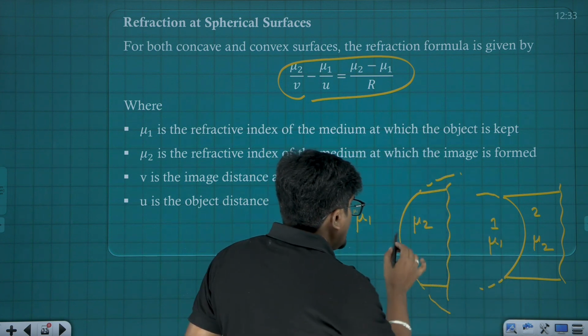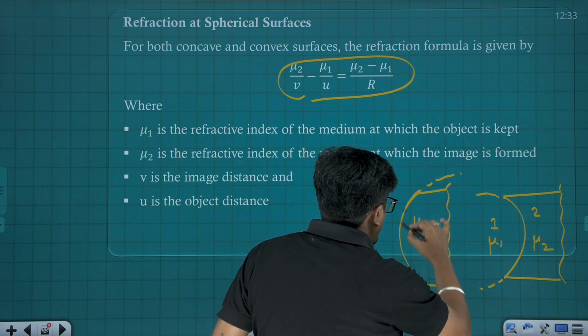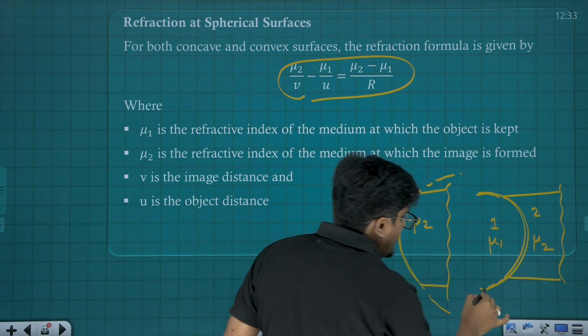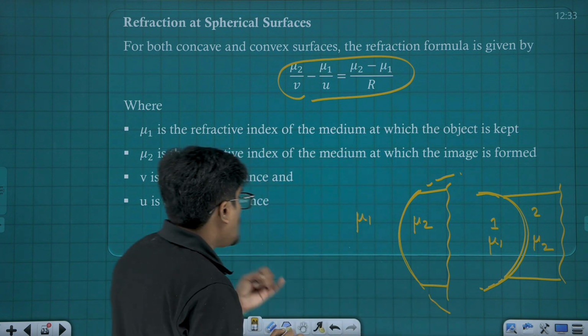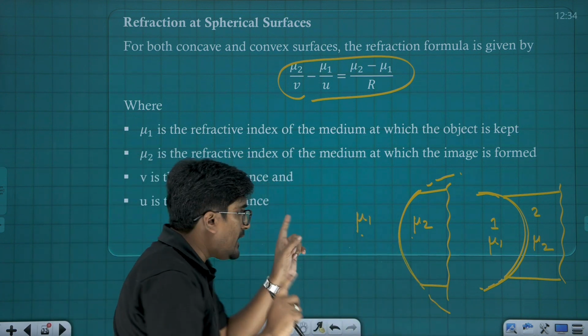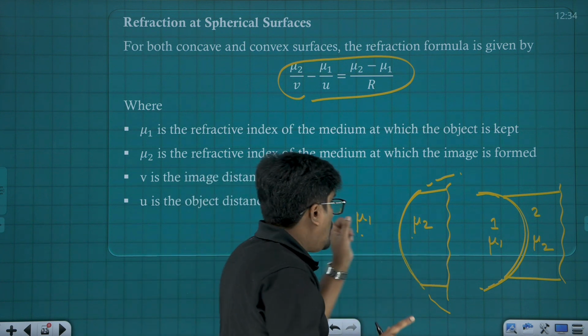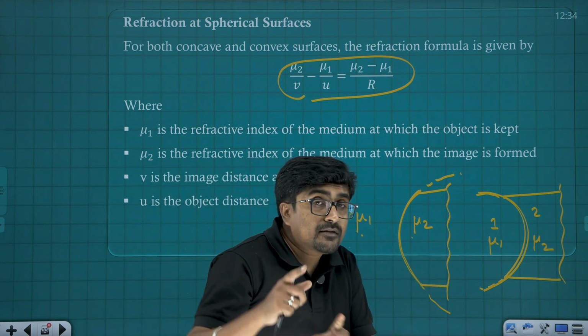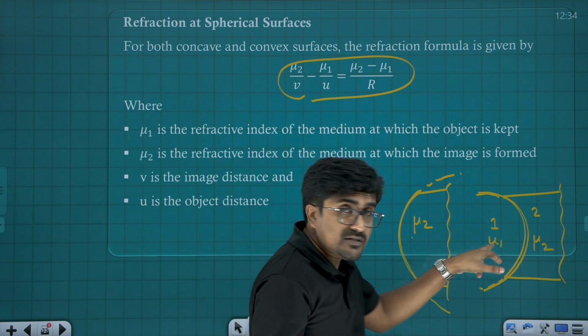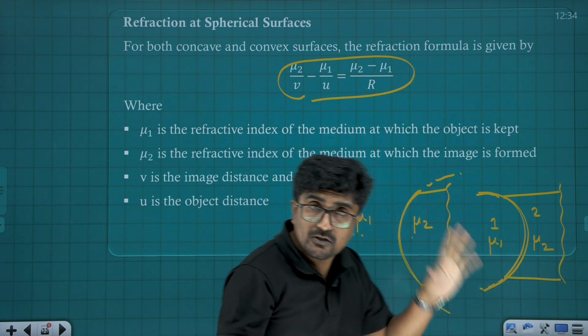Each surface has a radius of curvature. I repeat, light is traveling from 1 to 2. Mu 1 is the refractive index of medium 1 and mu 2 is the refractive index of medium 2, and R is the radius of curvature.